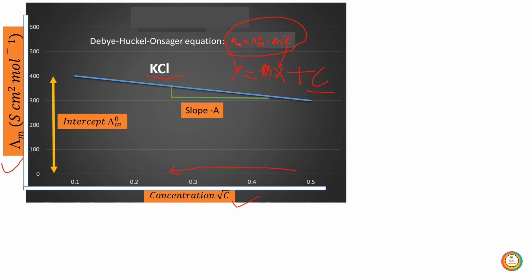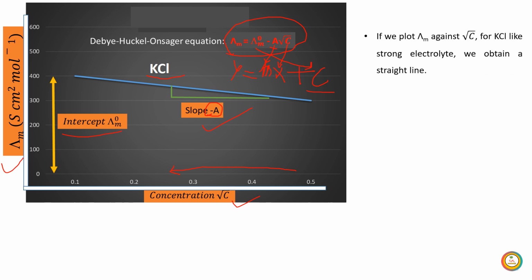In this equation, lambda m0 is representing c, and it is known as the intercept of this graph. And this A is represented by m in the equation. M means gradient. Gradient is the slope of this curve, and the slope of this curve is minus A. So this is the graphical representation for a strong electrolyte like KCl.